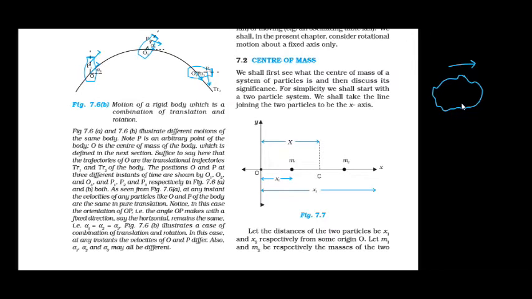At any point in time, if this rigid body can be replaced by a point, and the whole mass of the body is concentrated onto that point, this point is known as the center of mass. So this is the concept.